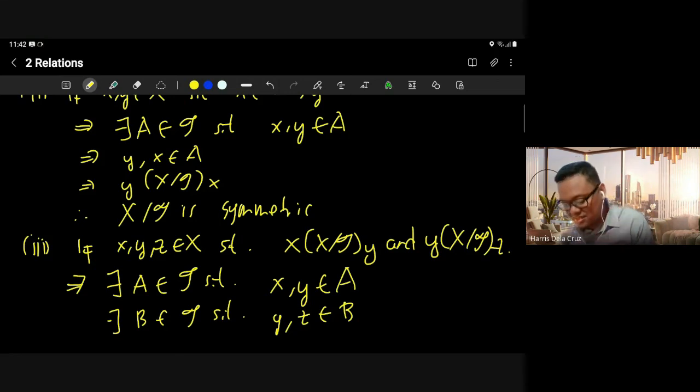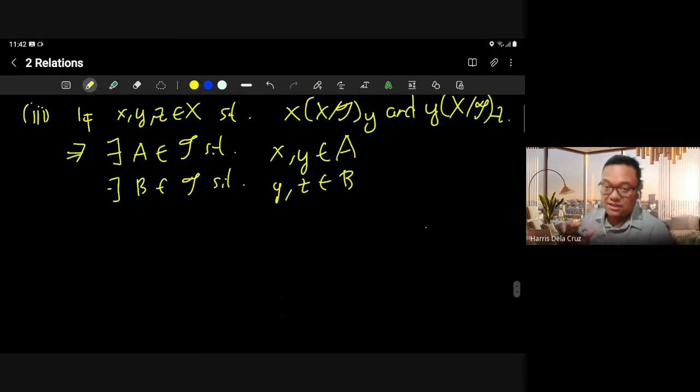So, there exists an element of the partition, let's say A, such that yung XY na kay A. There exists another element of the partition, let's say B, such that yung YZ nandun kay B. Okay. Pero yung X, Y, Z, those are three distinct elements of capital X.